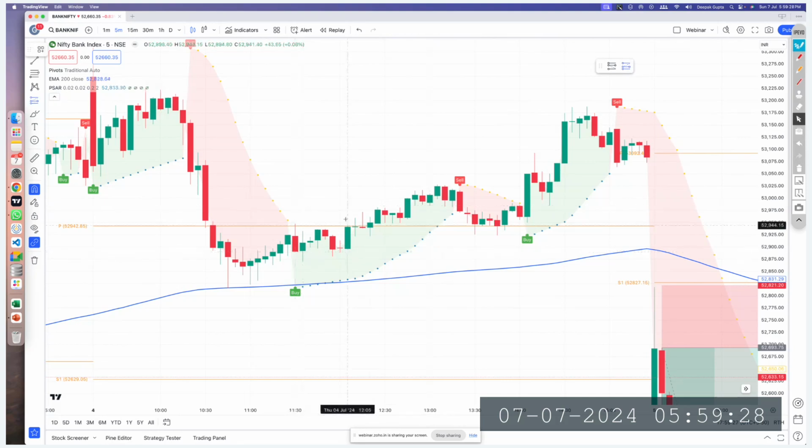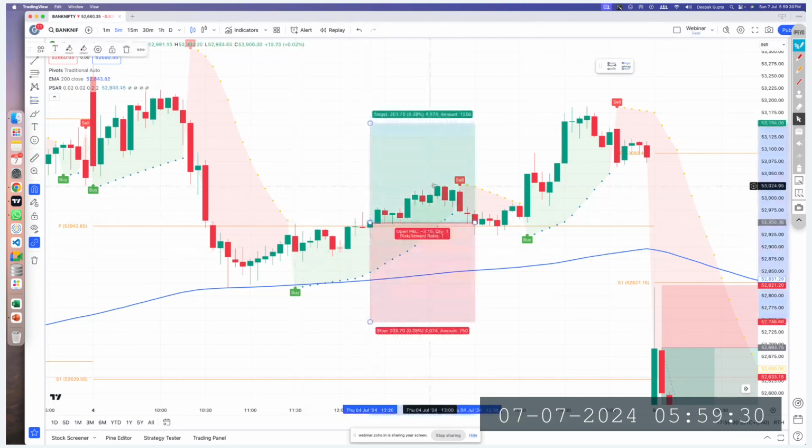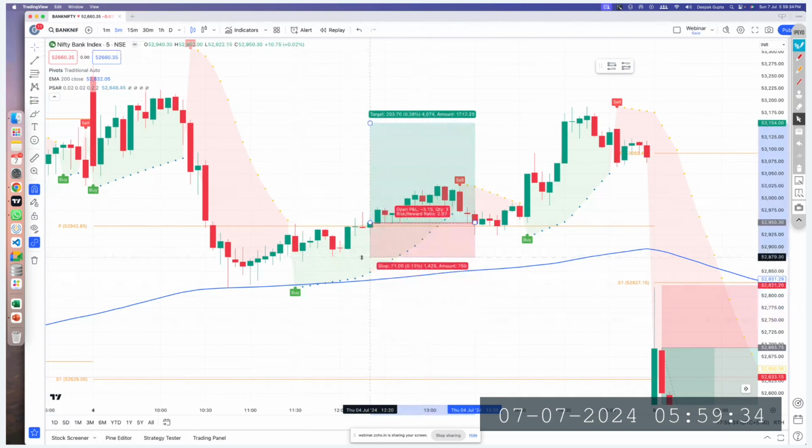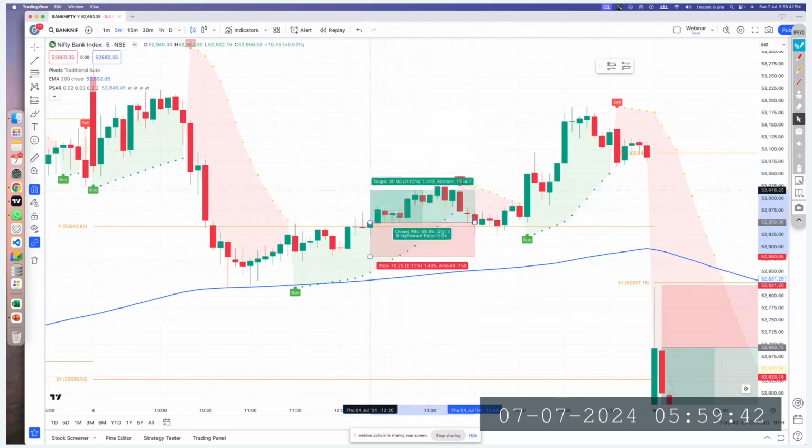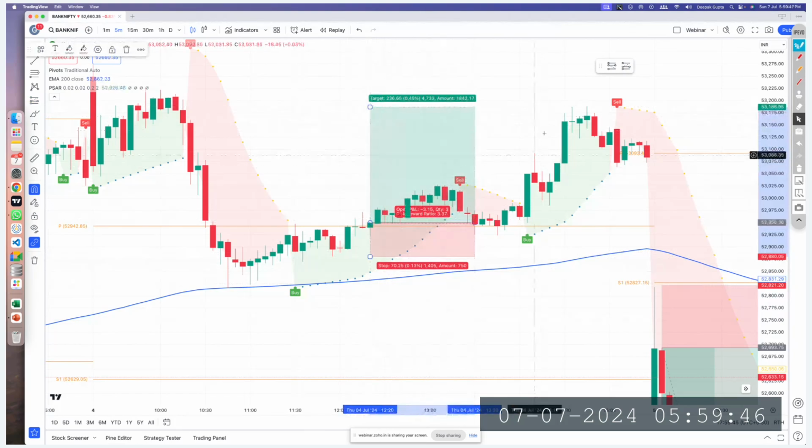Let's say I buy here. Loss would be somewhere around at this point. So I'm risking 70 points. And the target that we are going to get is, say we go up to this point. So there was a potential of a risk to reward of 1:3 again.